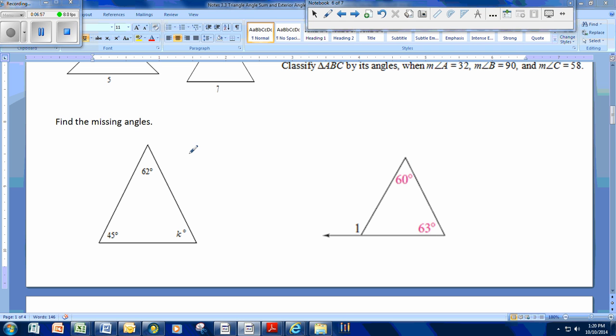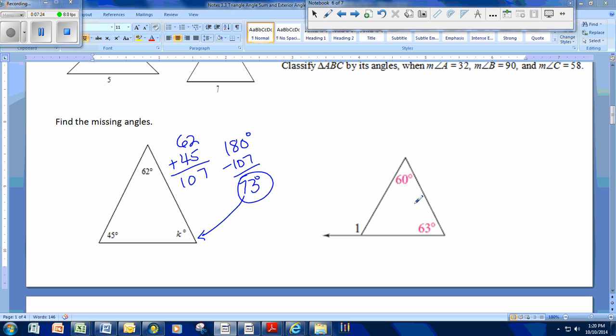So if I take 62 and add it to 45, that's going to be 107. I'm going to subtract that from the total 180. If I do that, I'll have the missing angle, which in this case is 73 degrees.